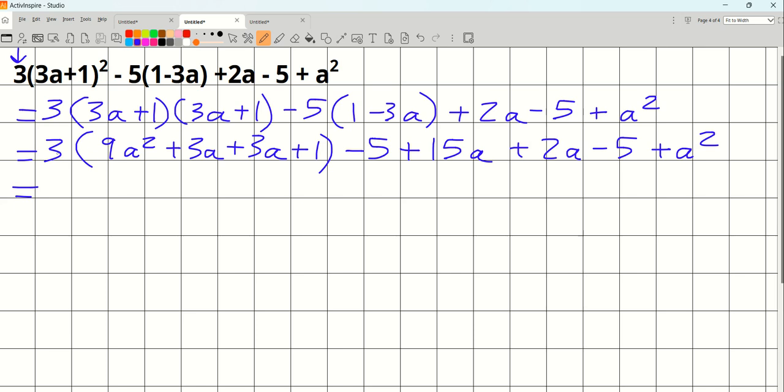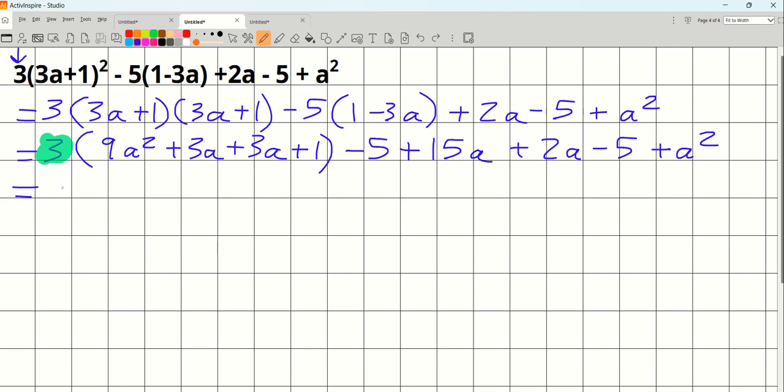This is what I meant by the 3 needs to distribute. So there's actually two steps of expanding here. What I'm going to do is go ahead and expand this 3, which is highlighted in green right now. It is going to expand into the parentheses, and it's going to go into each individual item in the parentheses.